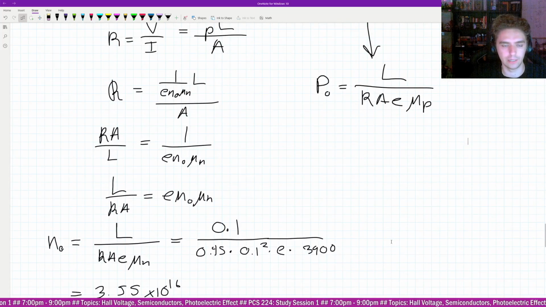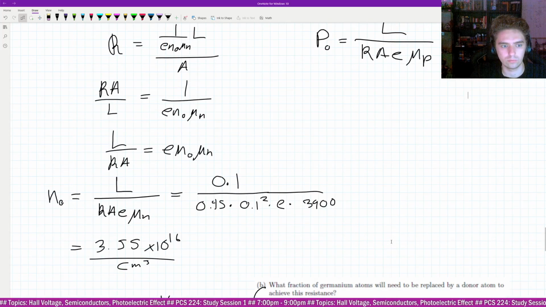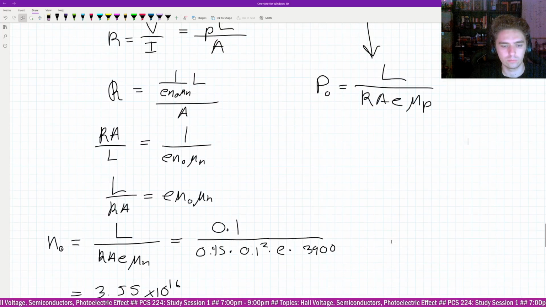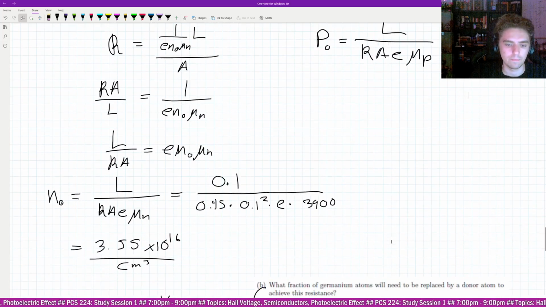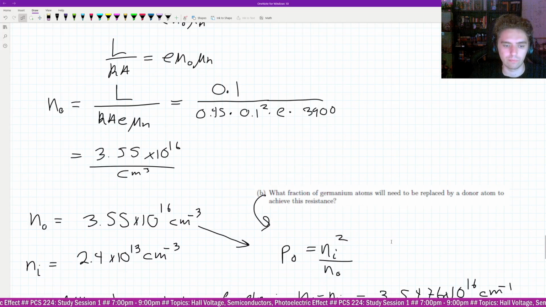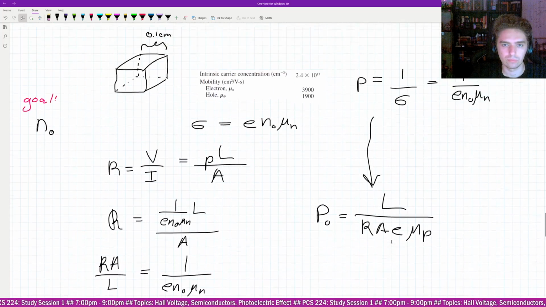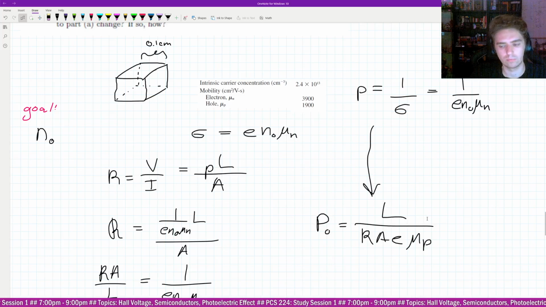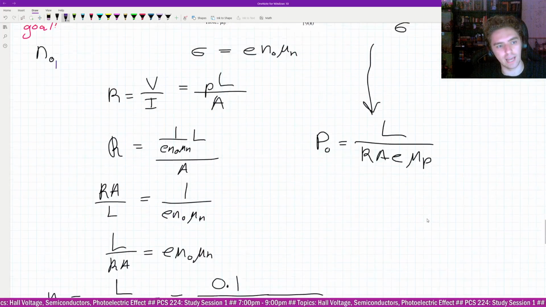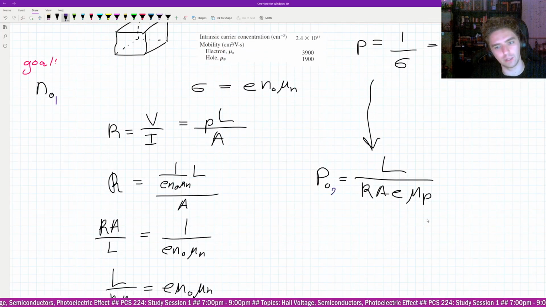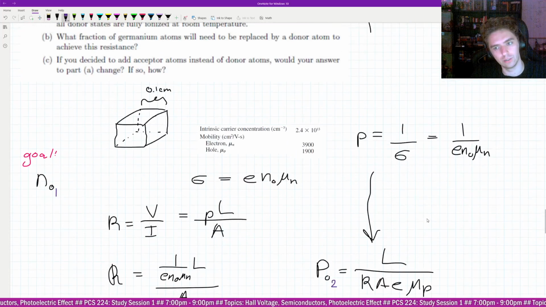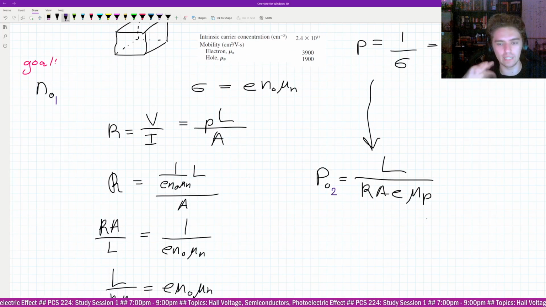But would it still correlate, like if you were to multiply N0 and P0, would you still get Ni squared? No, you wouldn't, because those are two different semiconductors that you're talking about. One you've added acceptors to, and the other one from part A we added donors to. I should really call this N01, and this is P02. So it's two cases: case 1, case 2.